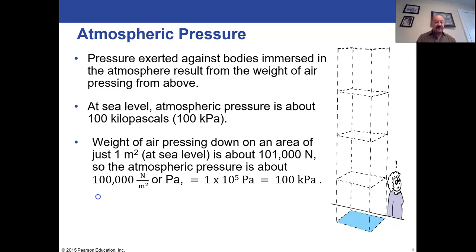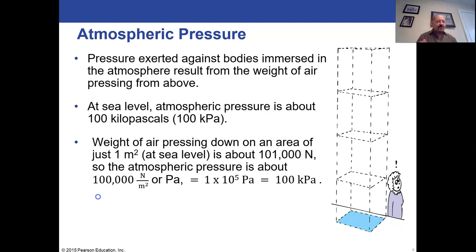Divided by 10, that's the number of kilograms, about 10,000 kilograms, or about 22,000 pounds of air sitting on every box that's 1 meter by 1 meter. That's an enormous amount of air.